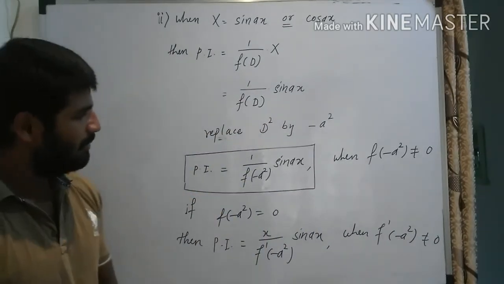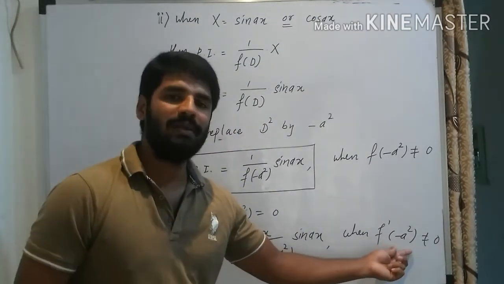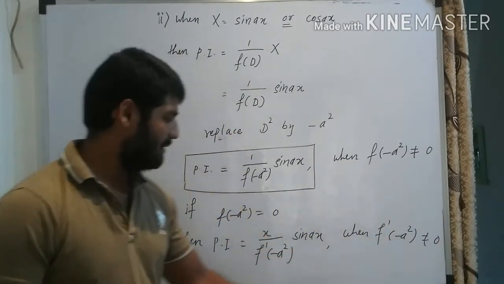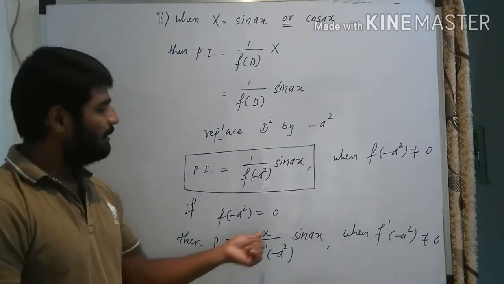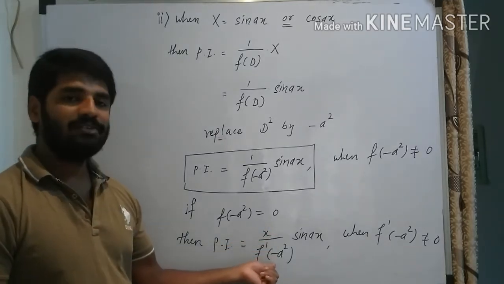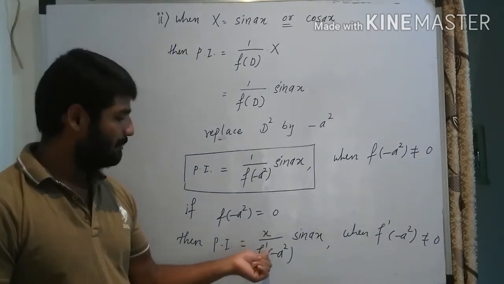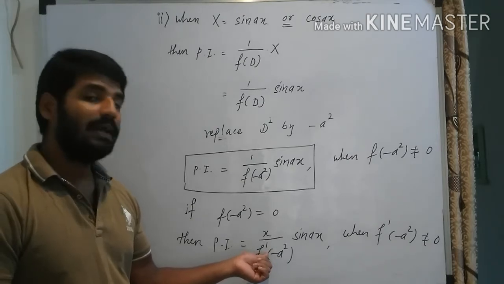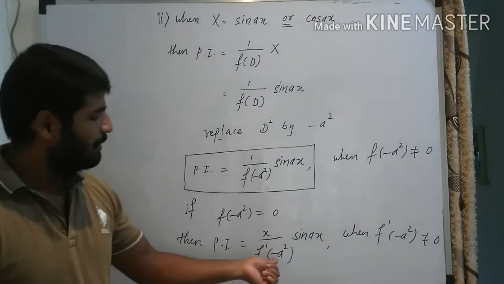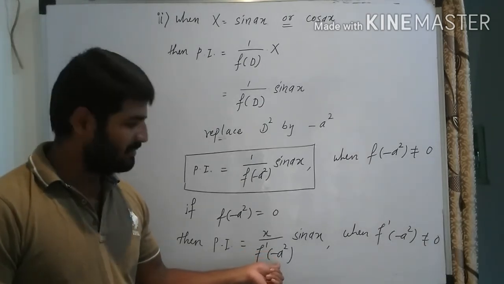In a similar way, what happens if f dash of minus a square is equal to 0? Then again we write the particular integral as x square upon f double dash of minus a square into sin ax or cos ax, replacing D square by minus a square again.